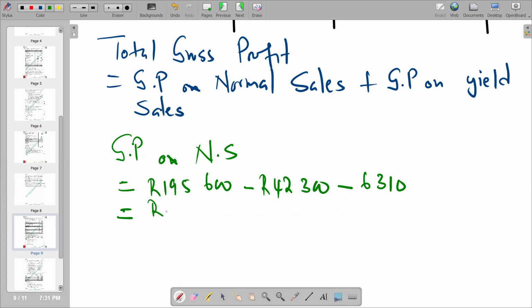We're going to get your figure as 146,990. So basically, that's what we have on that part. And then this becomes your normal sales.